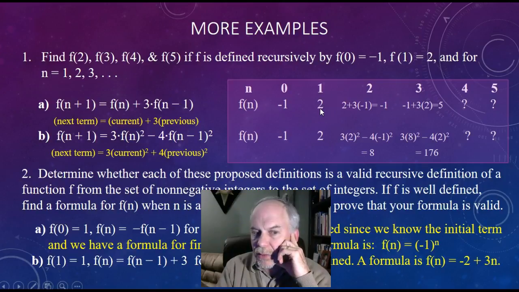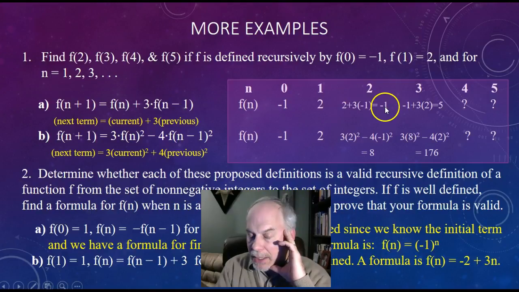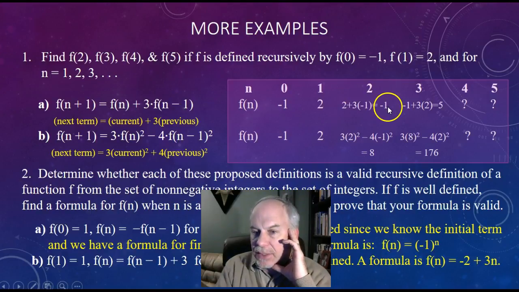So to get the next term, we take the current term plus 3 times the previous term. So it'd be 2 plus 3 times -1. Now 3 times -1 is -3, and 2 plus -3 is -1. So that's the answer for f of 2.